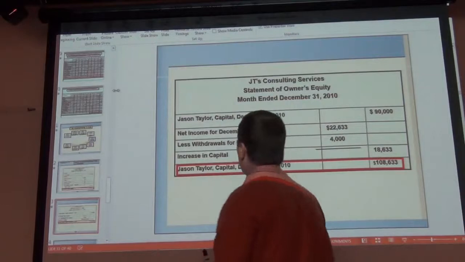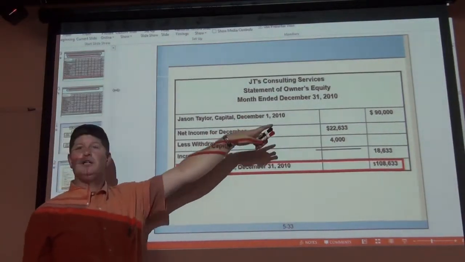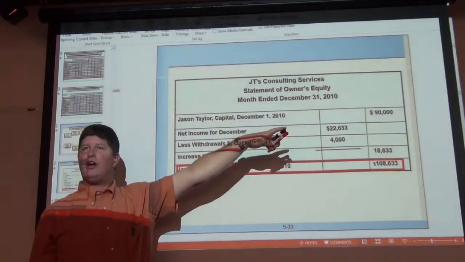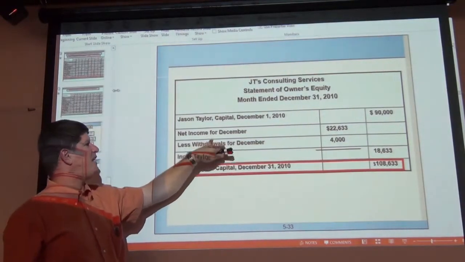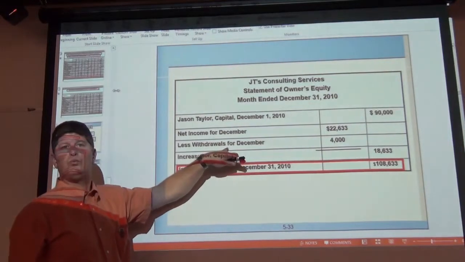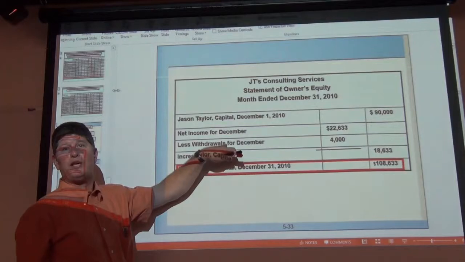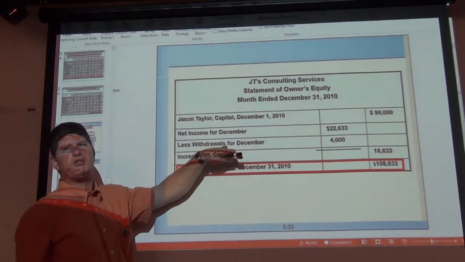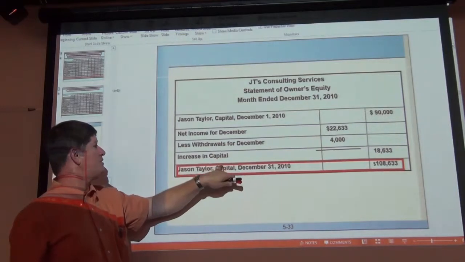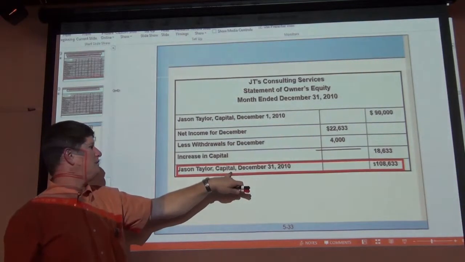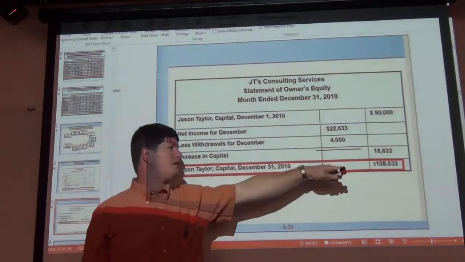So we come over here and we can start with the beginning balance of capital, pull the $90,000 right off of that worksheet that we just prepared, add net income, subtract any draws that the owner took. Did he add more cash to the business? Doesn't look like it. We would know. So he's got a net increase in capital, ending, total, owner's capital, ending December 31, 2010.